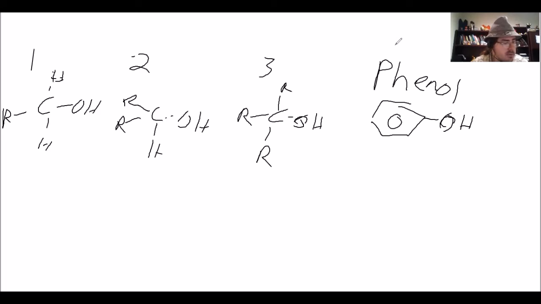Now, one of the things we need to worry about is how do we name these guys? For one, when we name these guys, we will lose the E ending, and it will switch to an OL ending. So butane will become butanol. Cyclohexane would be cyclohexanol. And to number where the alcohol is, we will number favoring the chain starting with the alcohol, trying to make the alcohol the lowest number.